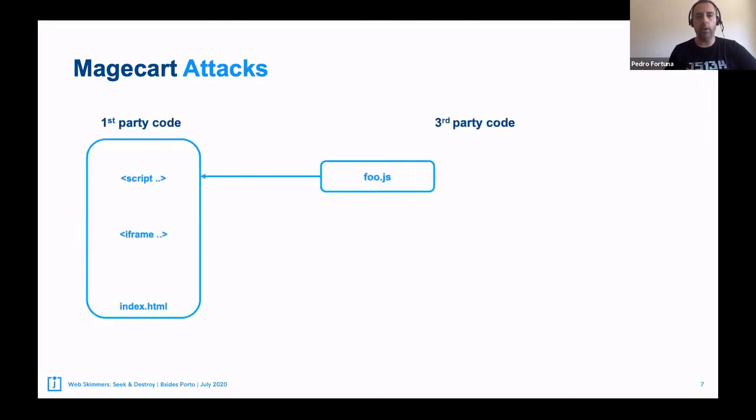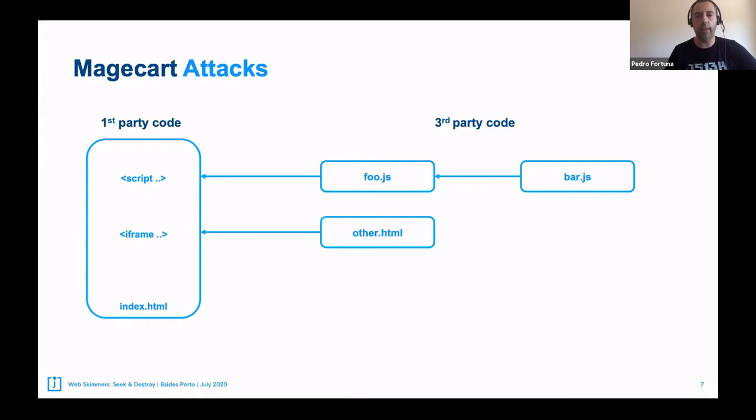So it basically works like this. You have third-party code being inserted dynamically into the page. That code can dynamically add more code, so there's a chaining effect. You can also have iframes, and those iframes can bring more JavaScript into the mix.